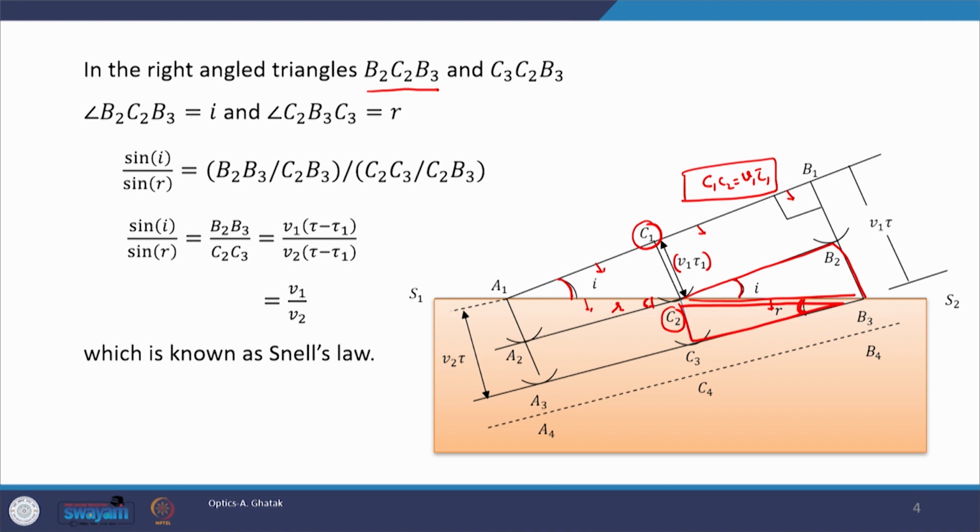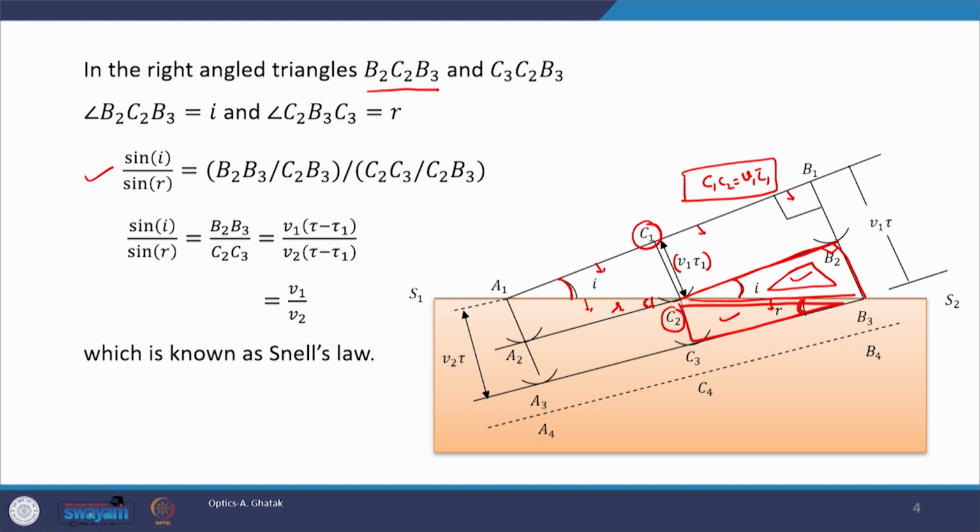Having known this, let us write the expression for sin I by sin R using these two triangles. What would be sin I in this upper triangle? This is our upper triangle, this is the 90-degree angle, and we formed this triangle by just drawing a perpendicular from here to here.